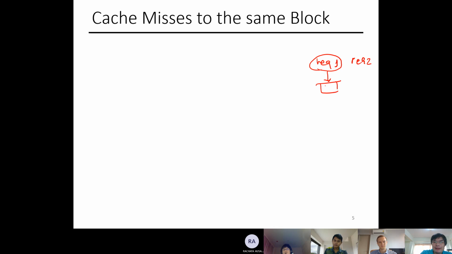It requests cache block 1, and request 2 that comes afterward just happens to arrive and says, hey, I want that too. Do I need to send 2 active requests to DRAM saying, hey, I need cache block 1? Or can I just say, hey, I'm gonna wait until request 1 gets its own cache block that is going to be in the cache, right? So I'm gonna wait for that in the cache and I'm gonna get that data. Should I send another request or is it okay? Anyone want to take a guess?